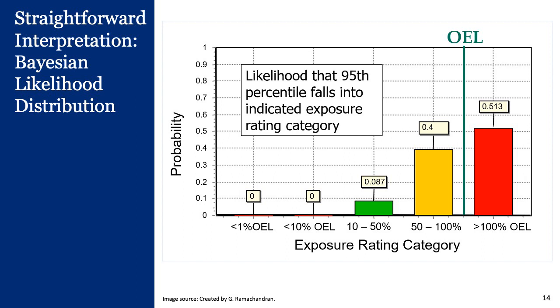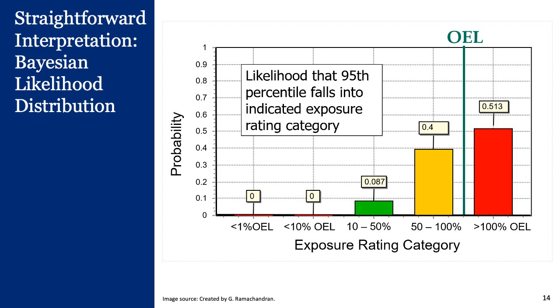One thing I should clarify here is that the charts I'm showing have added one other category besides the four AIHA categories, which is the lowest category, where the 95th percentile is less than 1% of the OEL, or it's a trivial exposure.